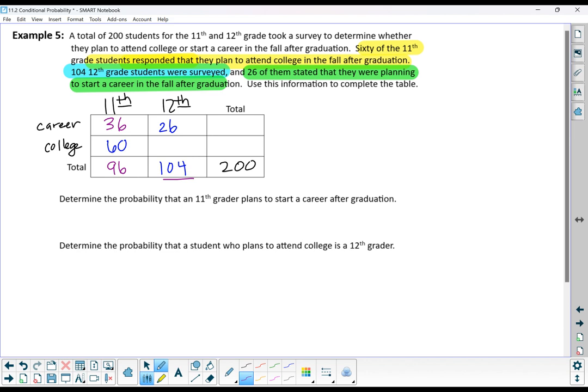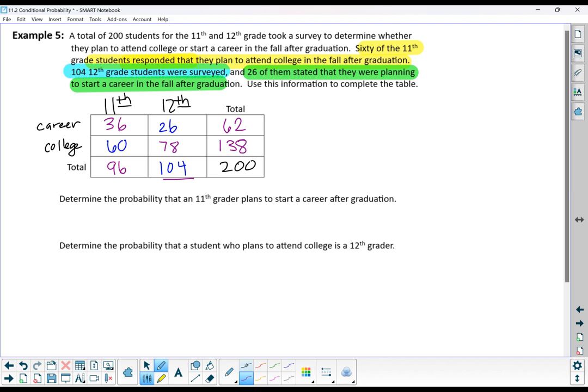So we can add together the 36 and the 26 to get 62. And we can subtract 104 minus 26 to get the number of 12th graders that are planning to go to college. And then finally, we can add together. And obviously, there's more than one path to the answer to filling in the table here. But just use addition and subtraction to figure out the numbers in all of those boxes.